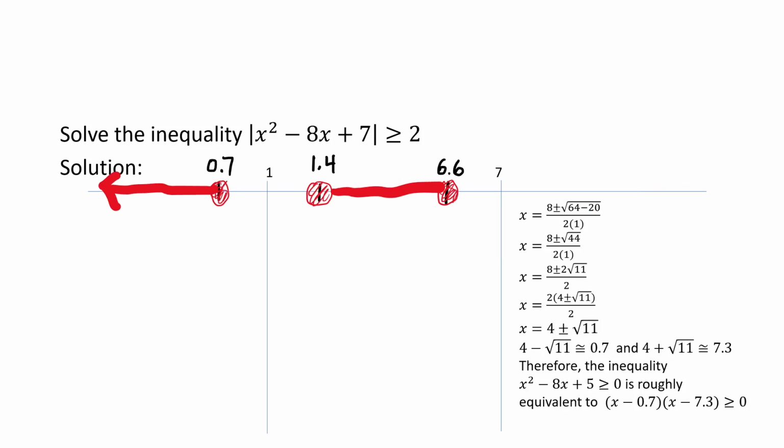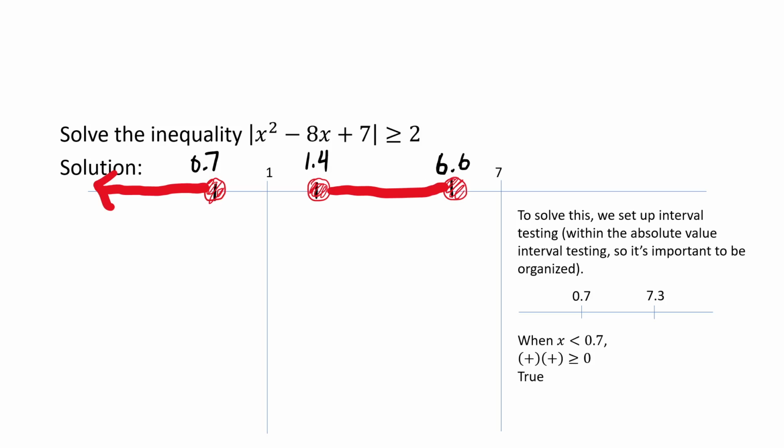Now, believe it or not, we're going to end up with the same results we had a while ago. We did the same interval testing in the leftmost column. But anyways, what we're going to end up testing is this right here, but we're testing it in the interval x greater than or equal to 7. So to set this up, we test a number less than 7.